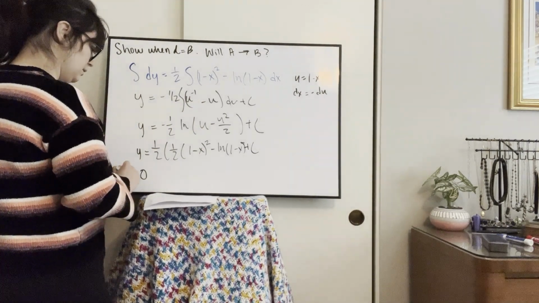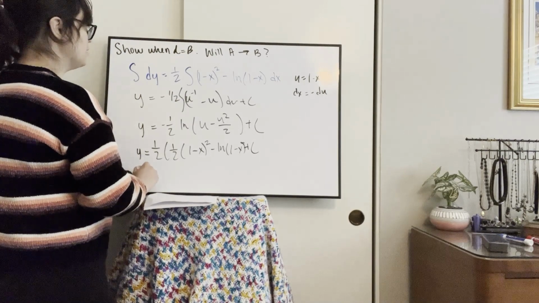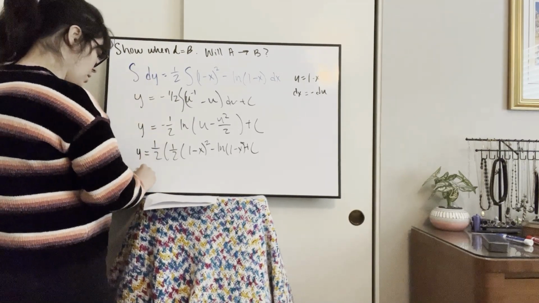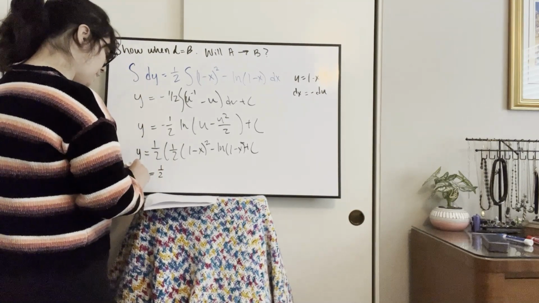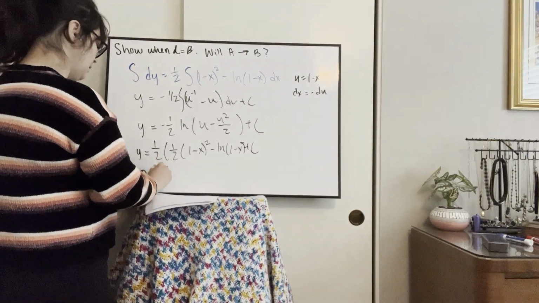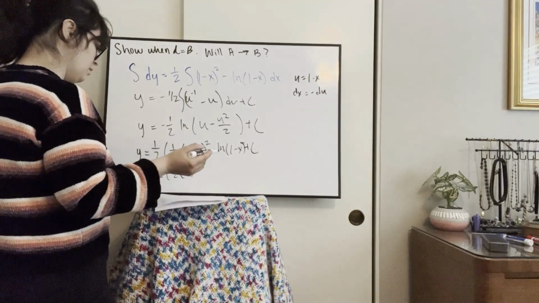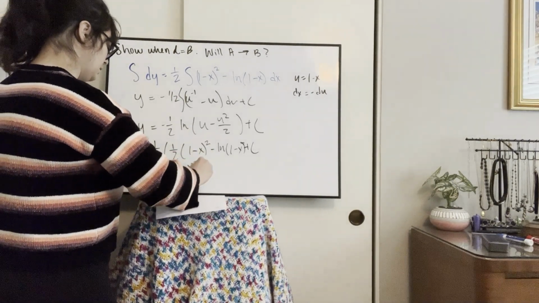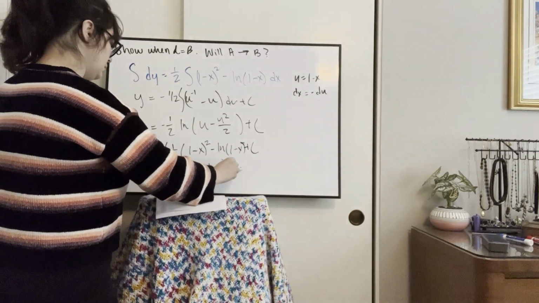And we know that x is going to be equal to 0 also, because y and x are going to be the same, because alpha and beta are the same. 0 equals 1/2 times 1/2 times 1 squared minus the natural log of 1 plus c.